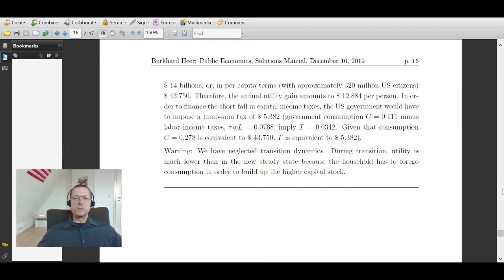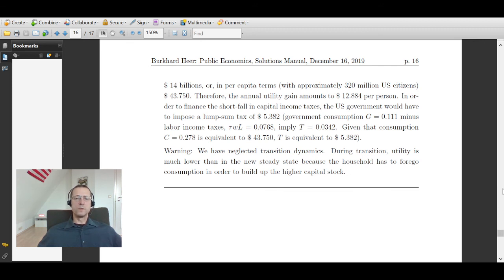Let me also issue a second warning here at this point of time. We have completely neglected transition dynamics, so we only looked at the steady state. And here, consumption increases, leisure improves, and we have savings that increase by more than 130%. Now we neglect to look at the transition.